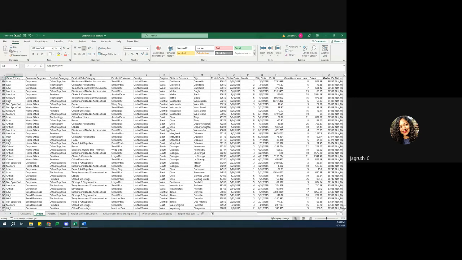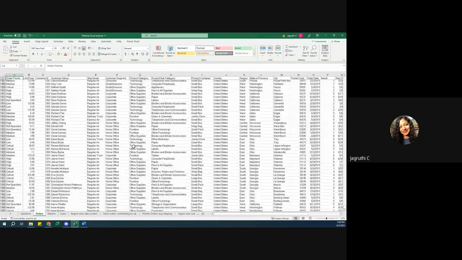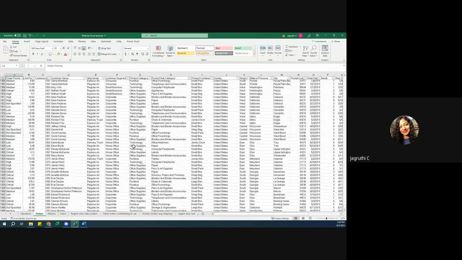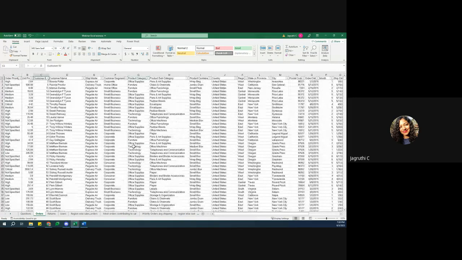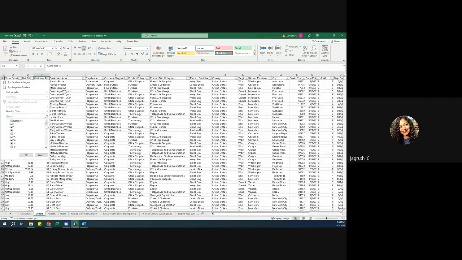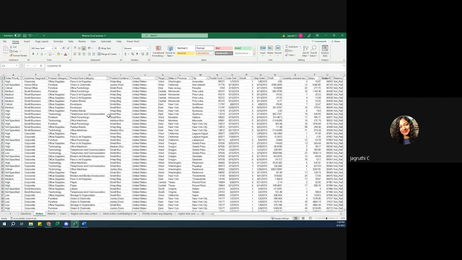Let's look at our first question here. Before that, my suggestion would be to go through your data and see if all your data points are right. What I mean by that is, if you look at customer ID, make sure that you only have integers here. You do not have decimal points because it wouldn't make any sense.